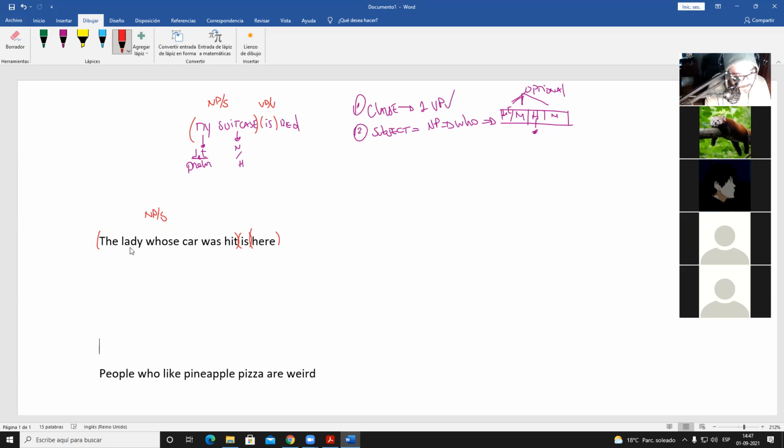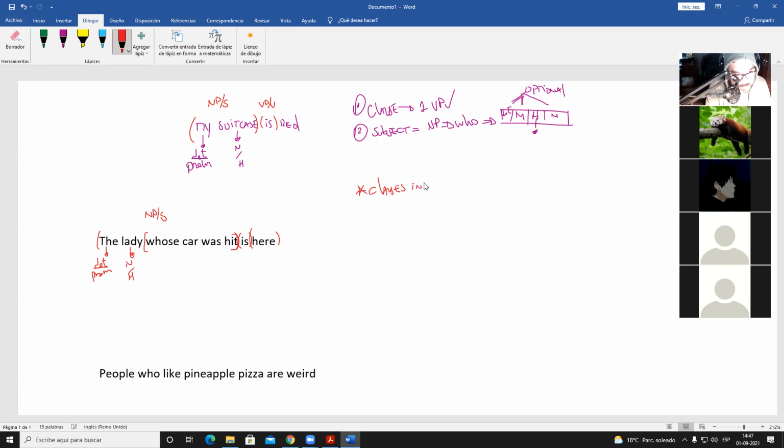Now, the most important lexeme inside of this entire phrase is lady, which is the noun head, and then we have the, which is the determiner pre-modifier, but then we have whose car was hit. In this case, as we will see later on, what we have is a clause inside of a phrase.